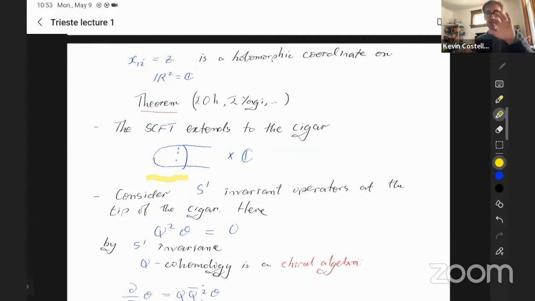So at the tip, as the cylinder goes along, the radius shrinks. I get this cigar geometry. And then the result is that your n equals 2 theory extends across this cigar in a way which still preserves the supercharge we're using.